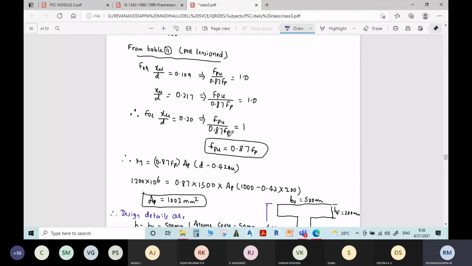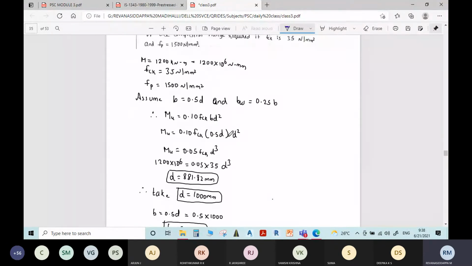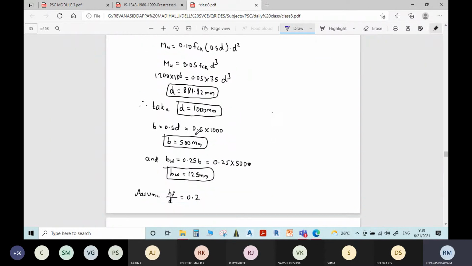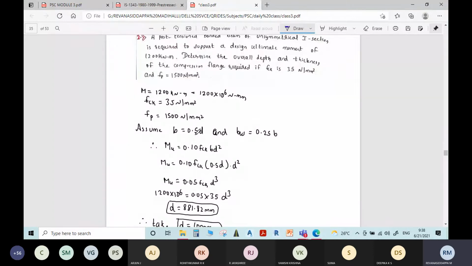I hope you all understood the design of this I section. You need to remember the ranges of the dimensions, means how the width of the beam should be selected, how the width of the web should be selected. If you remember all these things, then you can easily solve the problem. You can easily do the design.